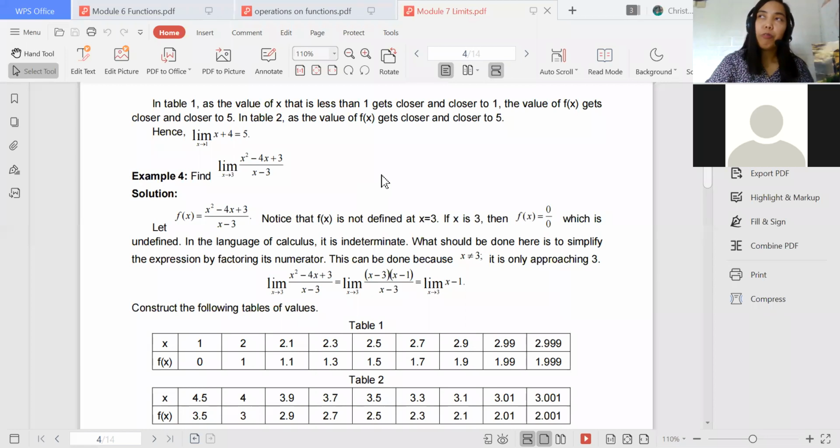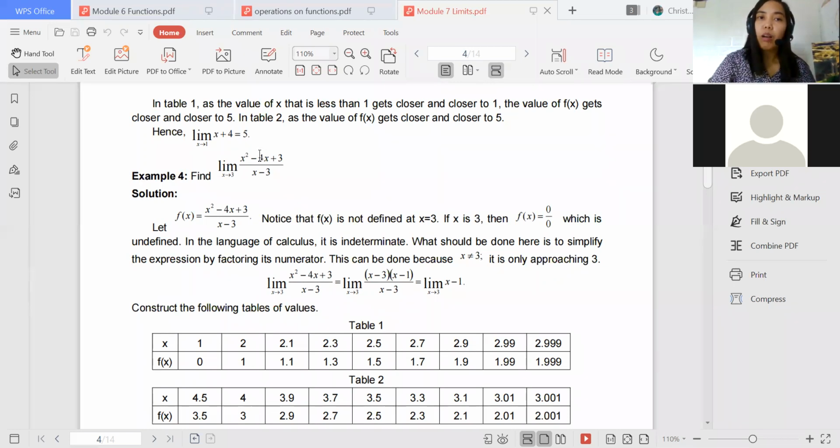So in the previous examples, we just do direct substitution since the given is just a linear function. Okay, you can use direct substitution, but if the given has a restriction, you just need to simplify it first. And we know that for rational functions class, we just need to factor the numerator and the denominator, and let's see if we can perform cancellation since the operation now is multiplication.